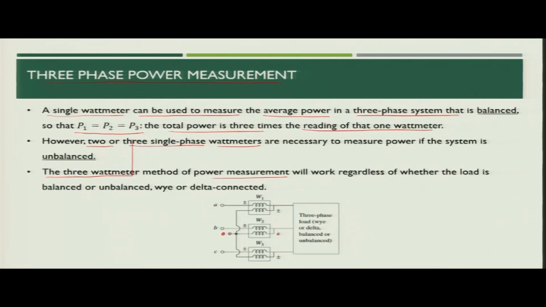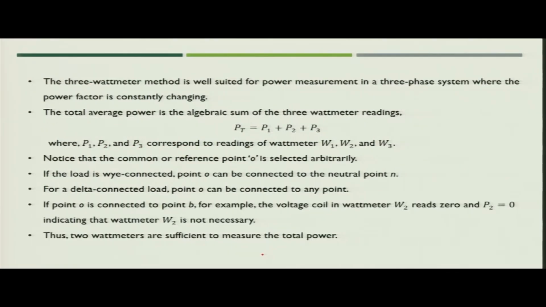Now, we need to find out how we will calculate the total power in case of 3 phase load, which may be connected as Y or delta, or it can be either balanced or unbalanced. So, now let us see how we will find the value of the total power being consumed by this load with the help of the readings which we get from these 3 wattmeters.